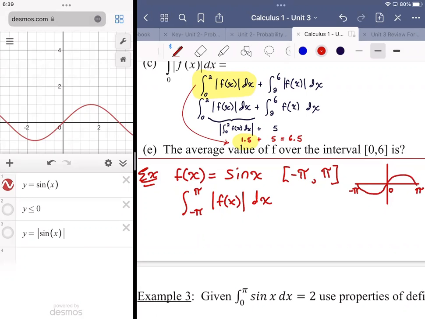So what I would do is break up this integral to go from negative pi to 0 with the absolute value of the function still intact. The remainder of the interval, from 0 to pi, I can just apply to the ordinary function.